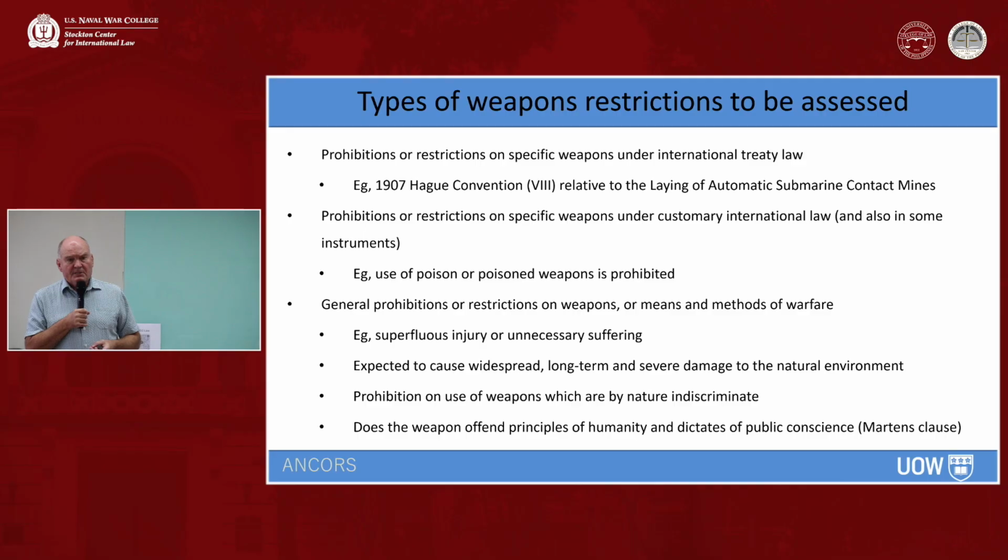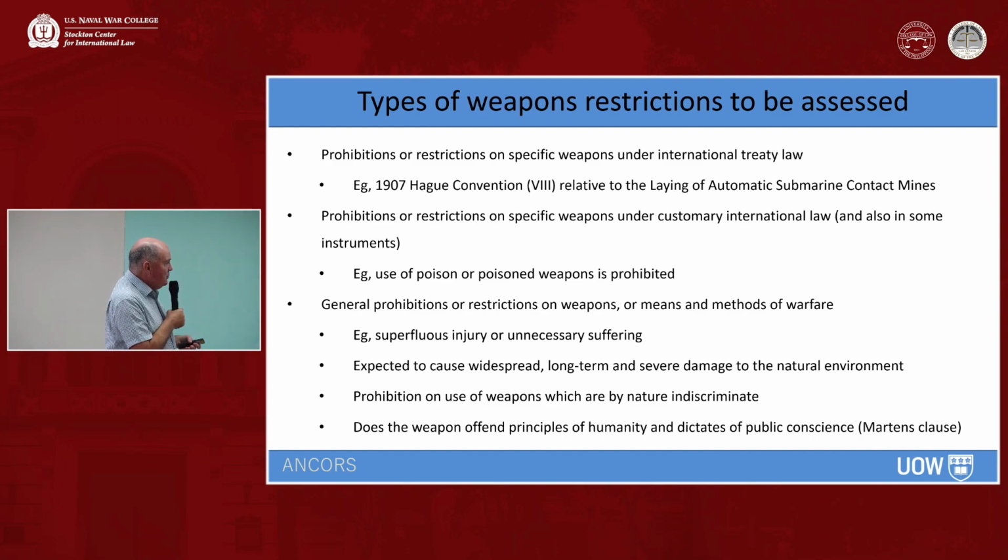There are some restrictions placed on some weapons. This slide is a little bit busy, but it gives some examples of those. We're going to talk about naval mines in a little while. There's a treaty, one of the old treaties from 1907, that deals with one specific type of naval mine and places restrictions on how those mines can be used.